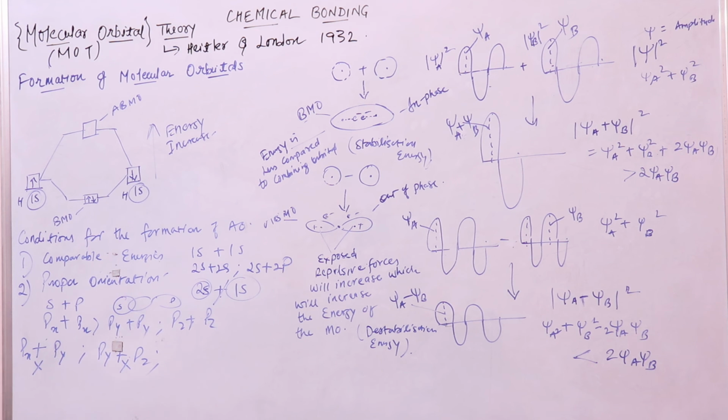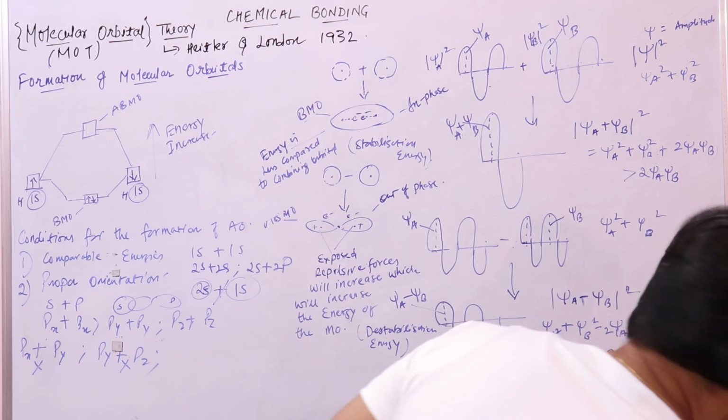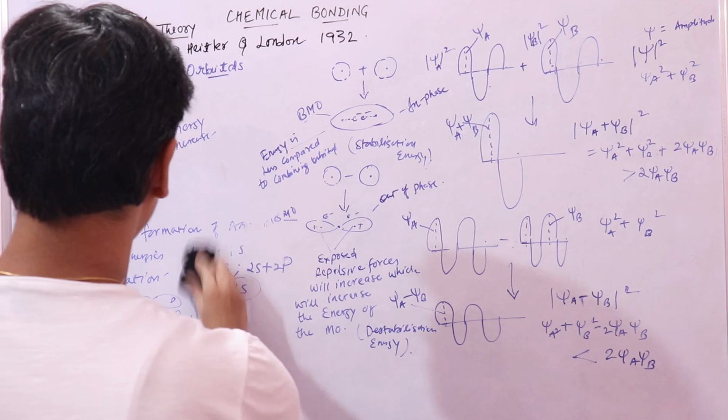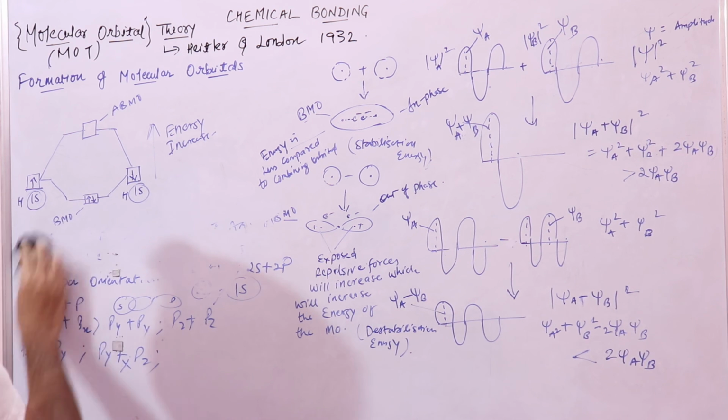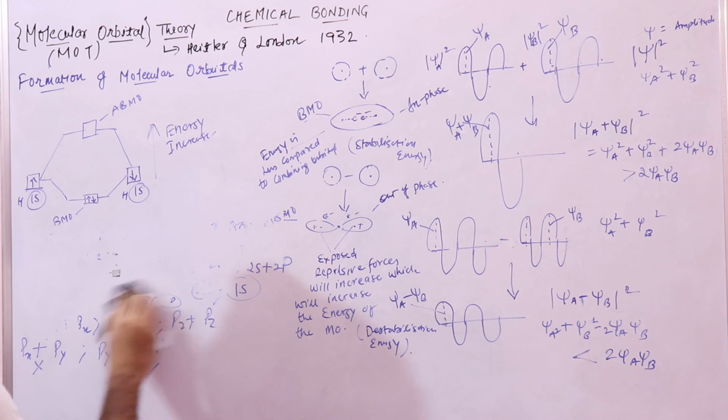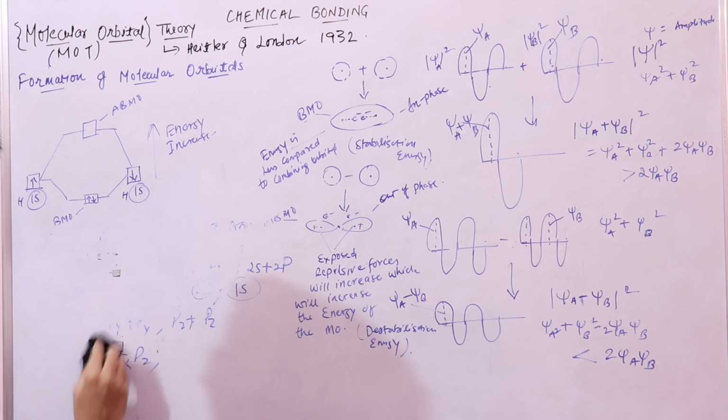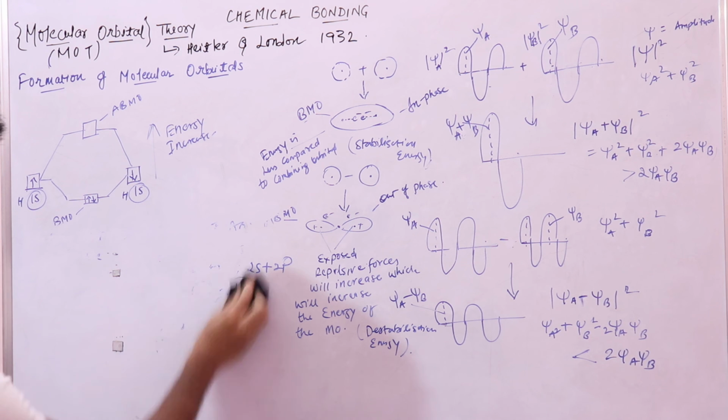Now, types of molecular orbitals formed. The wave functions of two 1s orbitals can combine in two different ways when atomic orbitals overlap to form molecular orbitals.